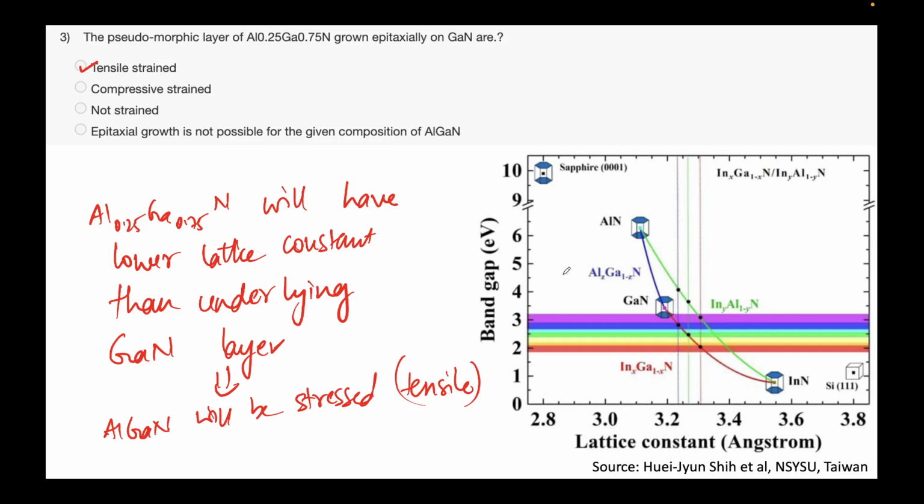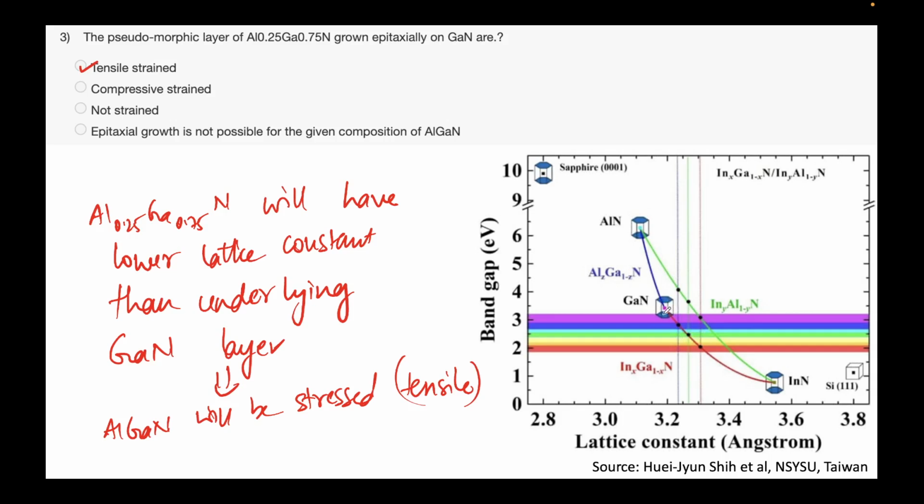However, let's say for a second problem, you are growing a bottom layer of gallium nitride. On top of that, let's say you are growing indium gallium nitride. You can see that will have a higher lattice constant. Indium gallium nitride will have a higher lattice constant than GaN.